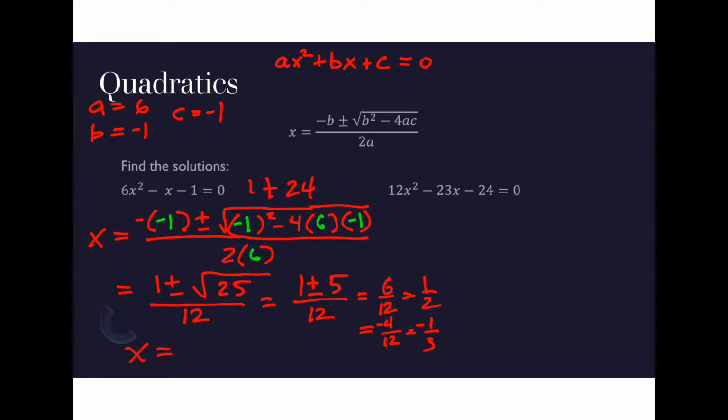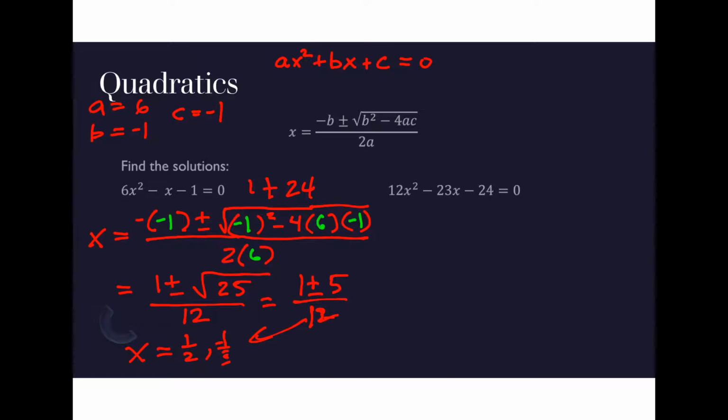So x is equal to 1/2 and negative 1/3. Okay, I'm going to erase a little bit of this so we can do our next one over here. But you saw how these became what they were here.